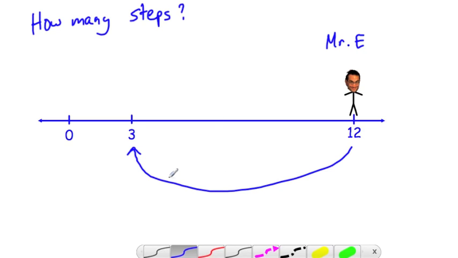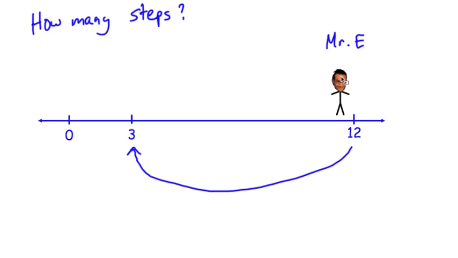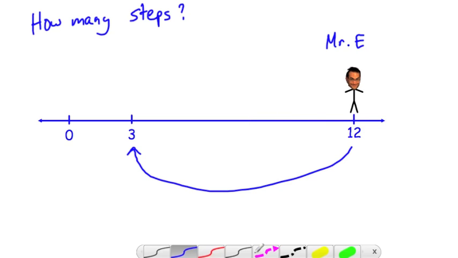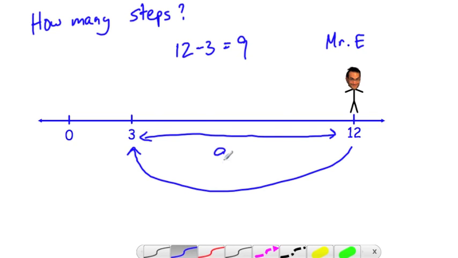All right, and you're probably already thinking, well, he takes 9, right? And instead of counting out 11, 10, 9, 8, 7, instead of doing all that, I'm sure you just did this. I mean, that's easier. 12 minus 3 equals 9. The difference between 12 and 3 is 9.